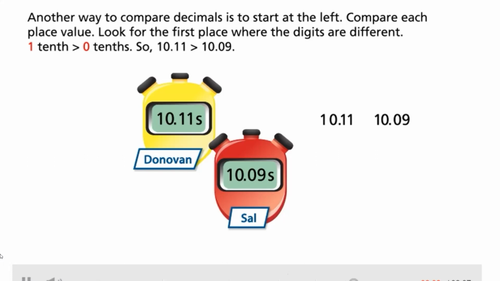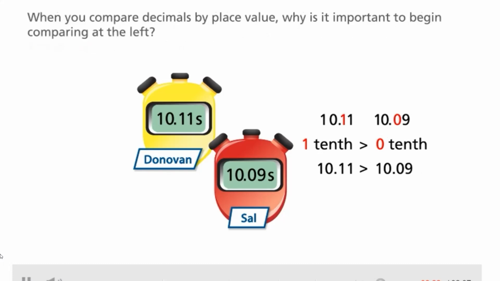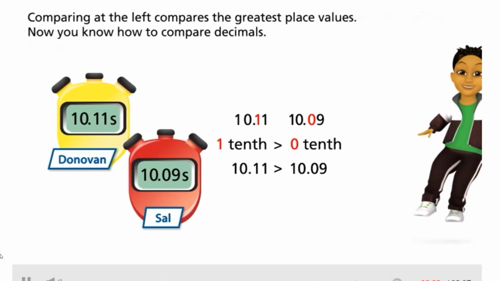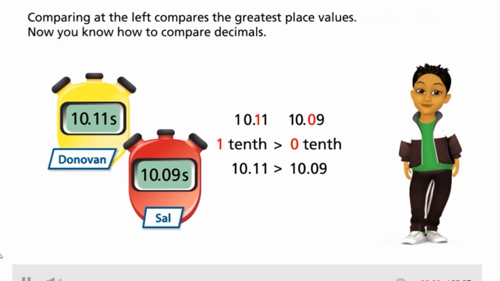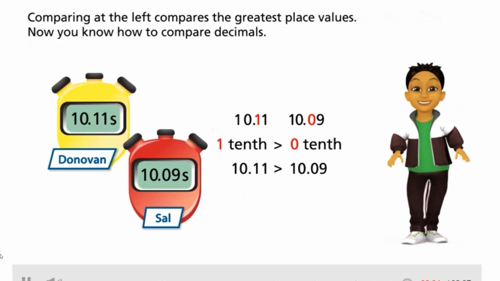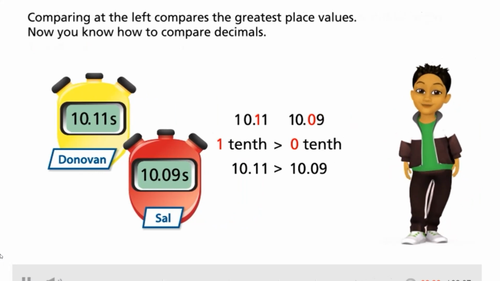Look for the first place where the digits are different. 1/10 is greater than 0/10, so 10 and 11/100ths is greater than 10 and 9/100ths. When you compare decimals by place value, why is it important to begin comparing at the left? Comparing at the left compares the greatest place values. Now you know how to compare decimals.